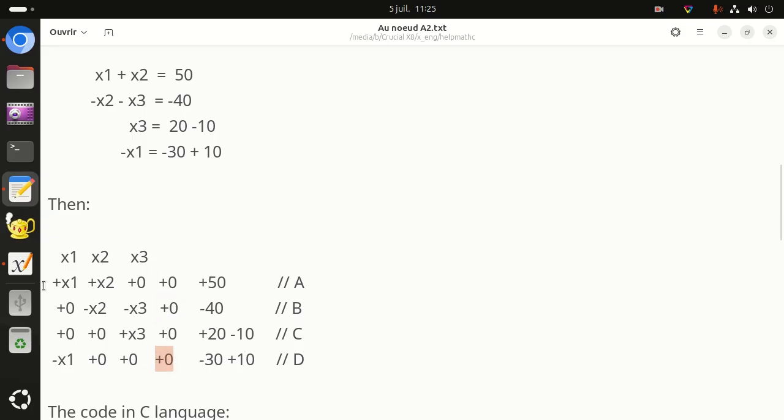Why? Because I have 4 lines and 3 columns, so with the column of 0, I have 4 columns and 4 lines.